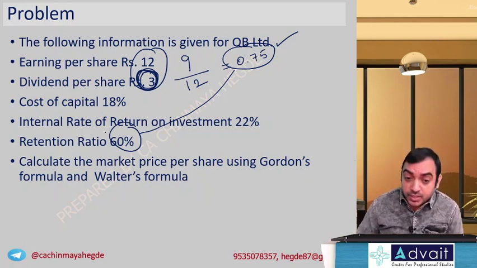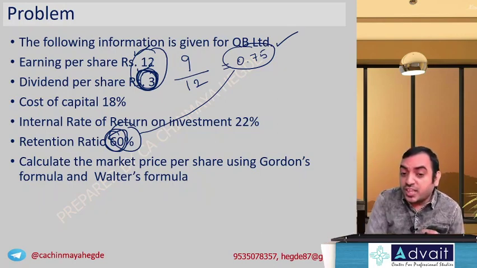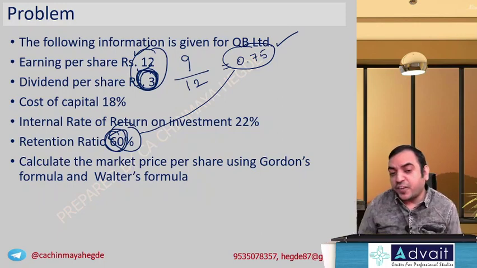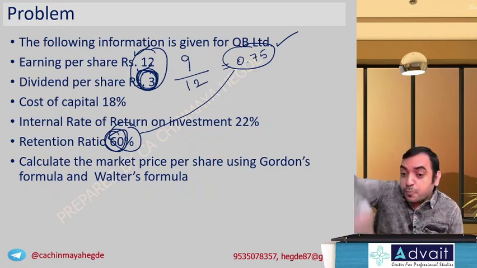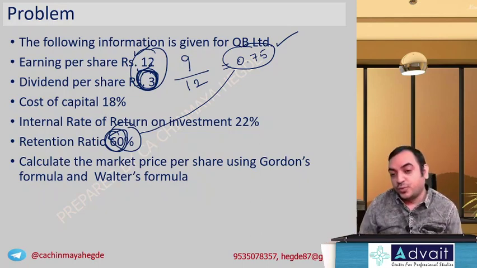Now, if I use a retention ratio of 60%, then the dividend of 3 rupees should not be used. Dividend needs to be calculated. So, which one is correct? If I use 3 rupees dividend, 0.75 is to be used, but retention ratio 0.6 is given. If I use 0.6, the dividend of 3 rupees cannot be used. Dividend has to be recomputed.